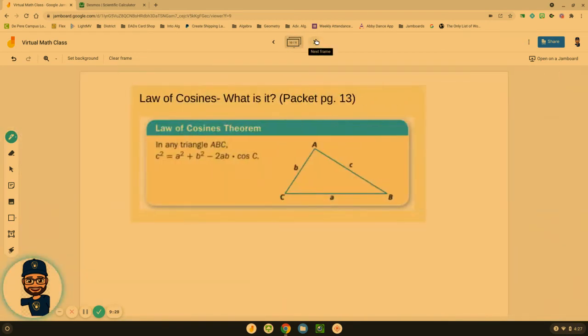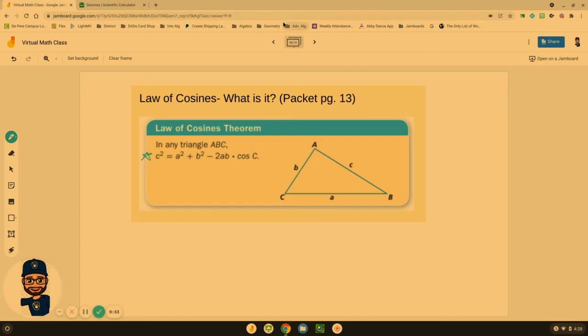So here's the law of cosines. It's basically this formula right here. C squared equals A squared plus B squared minus 2 times AB times the cosine of C. So you're probably going to want to pause the video here, get my mouse out of the way, and write that down.